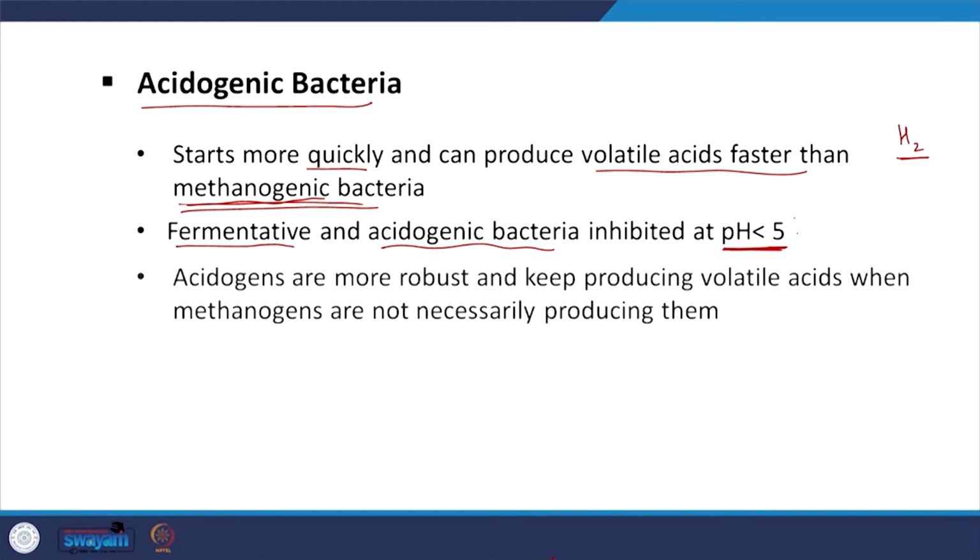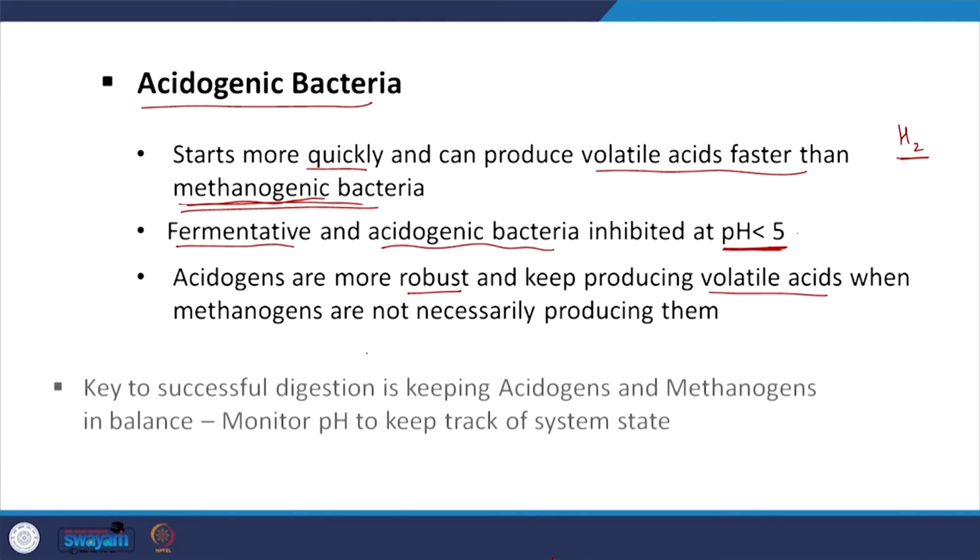As can be seen, they are robust and they can keep producing volatile fatty acids even when methanogens are not really thriving. But the key to successful digestion, as I mentioned, is keeping acidogens and methanogens in balance. So, you will have to monitor the pH to keep track of the system.